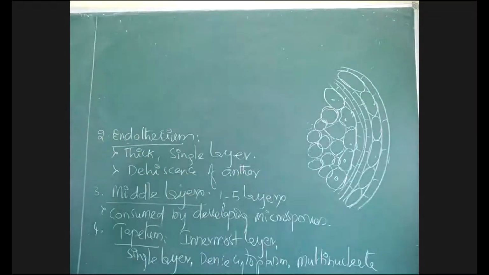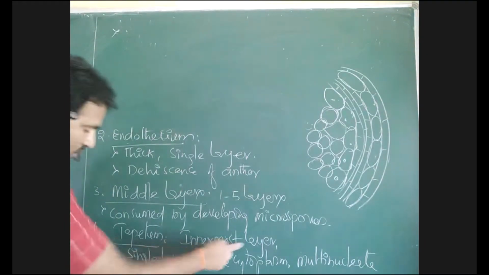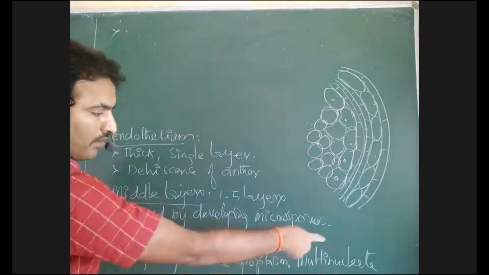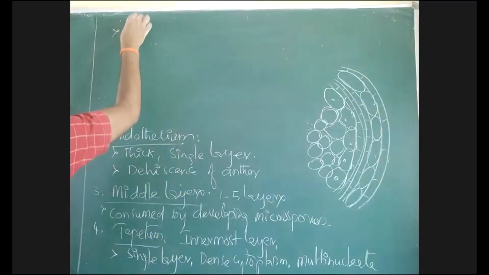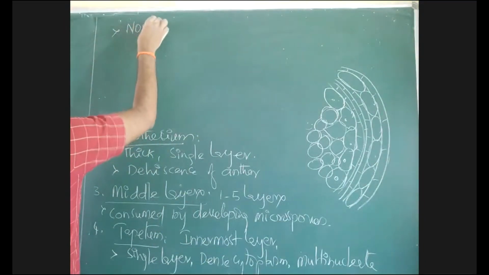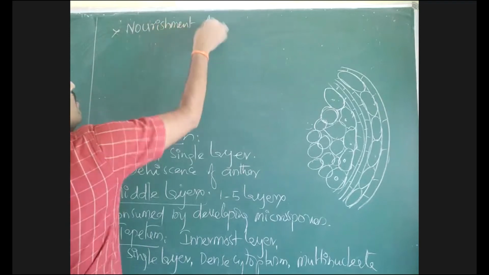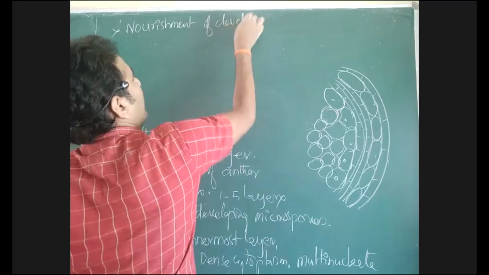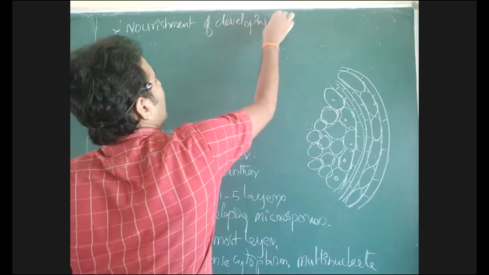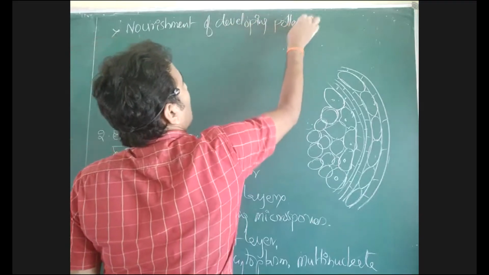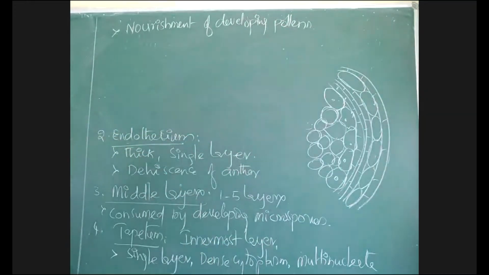Tapetum. Tapetum is the innermost layer, a single layer, with cytoplasm in multinucleate condition. It is responsible for nourishment of developing pollen. When microspores are developing, tapetum gives food material to those developing pollen grains.